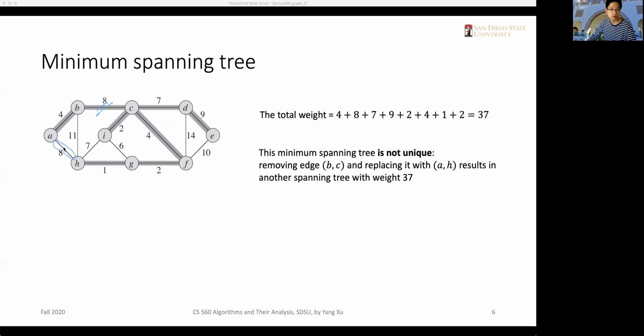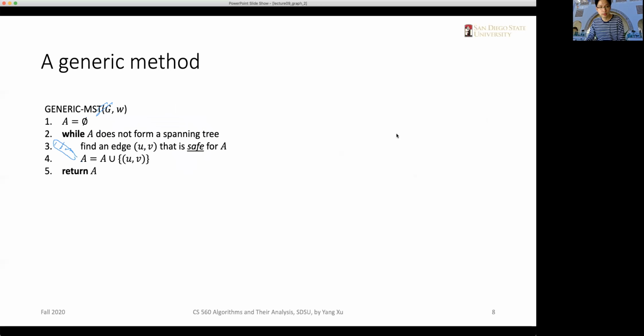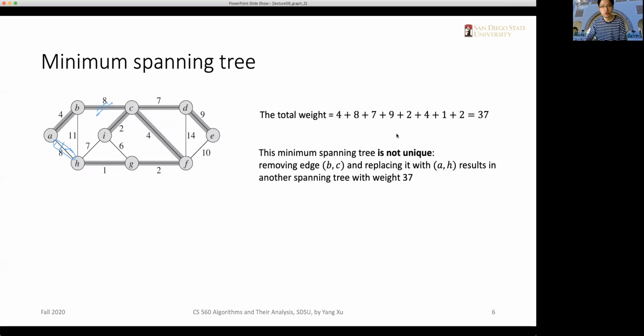Imagine that the AH edge is shaded now, right? Because AH has the same weight as BC, and it also makes sure that all the vertices are connected, this will result in a new tree that has the same minimum total weight. So there could be more than one minimum spanning tree. This is another property of the problem.